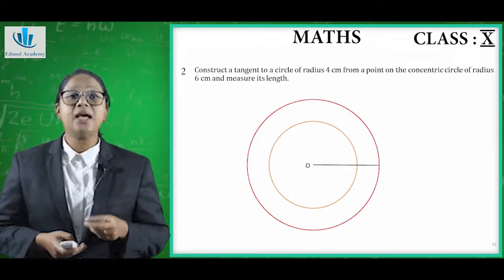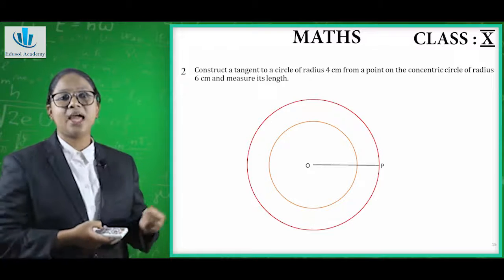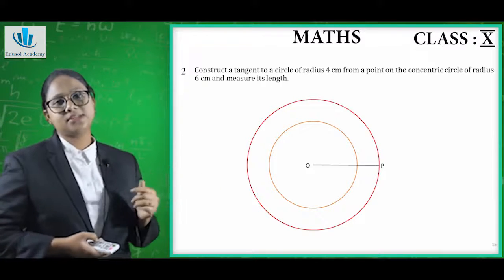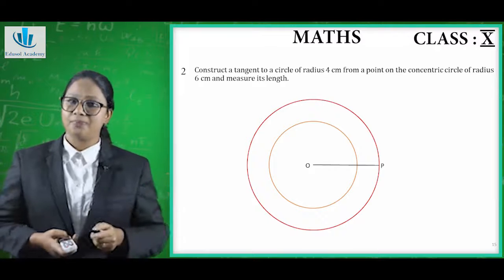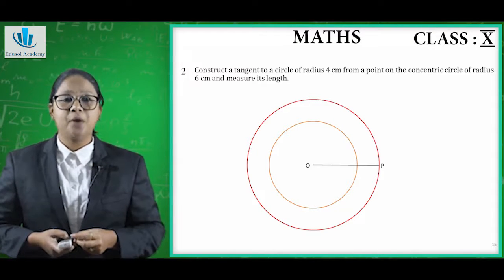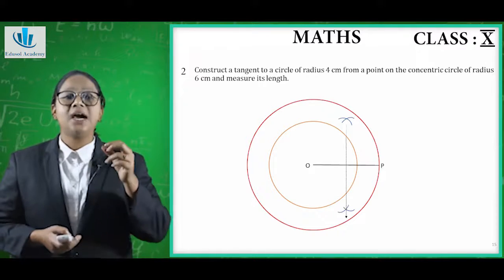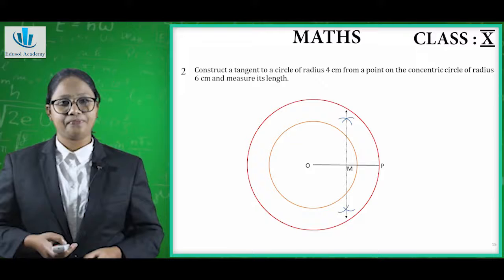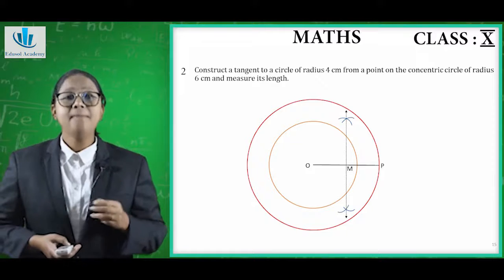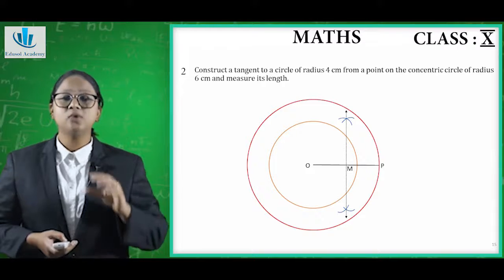Now we have to pick any point P on the big circle. So I had taken P on the other side and joined OP. Alright, now we have to draw the perpendicular bisector of OP and name the bisecting point as M. Now, with M as center and OM as radius, draw a new circle.